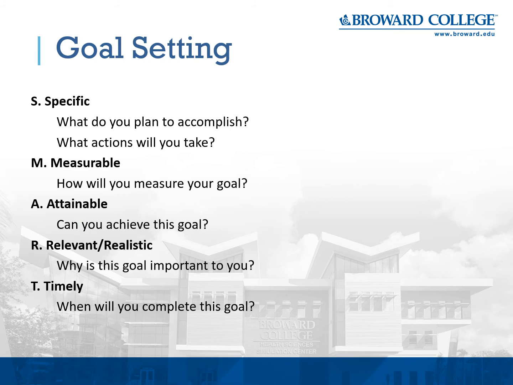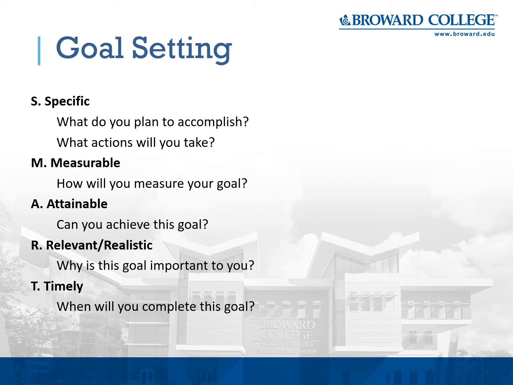So now we move on to goal setting. What is goal setting? It means that you're thinking about your future in the short run, in the mid-range, and in the long run. In order to do this well, you've got to set goals that are specific, measurable, attainable, relevant or realistic, and timely.